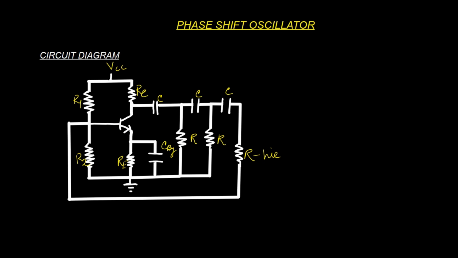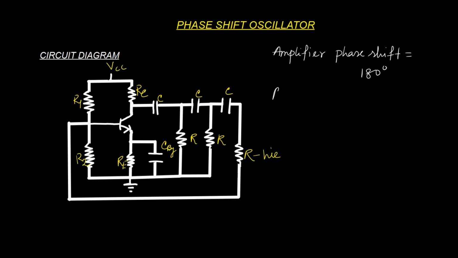So the amplifier phase shift is equal to 180 degrees. Each RC section contributes approximately 60 degrees of phase shift.